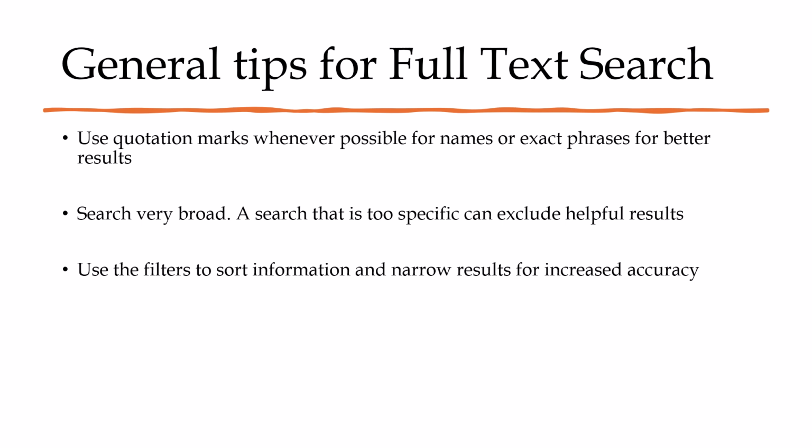The other thing I wanted to talk about was using filters to sort information and narrow results for increased accuracy. Like I said, using the places or the dates or the record types up at the top can be a really helpful way to go from a really broad search down to something very specific that's relevant to the research that you are doing.